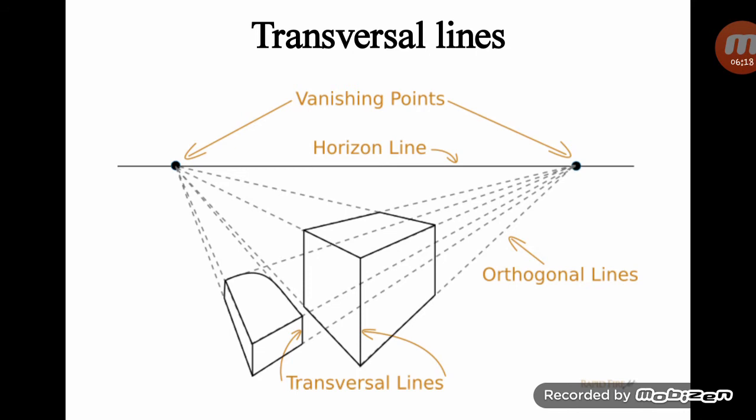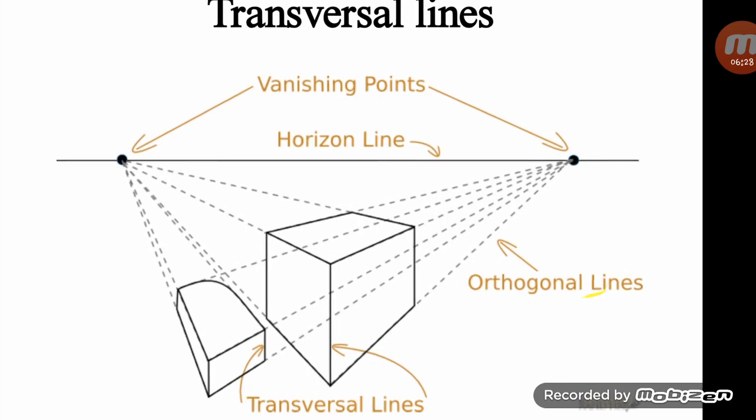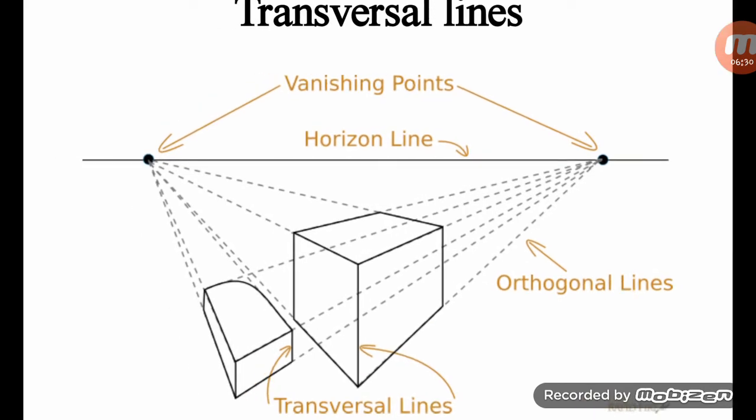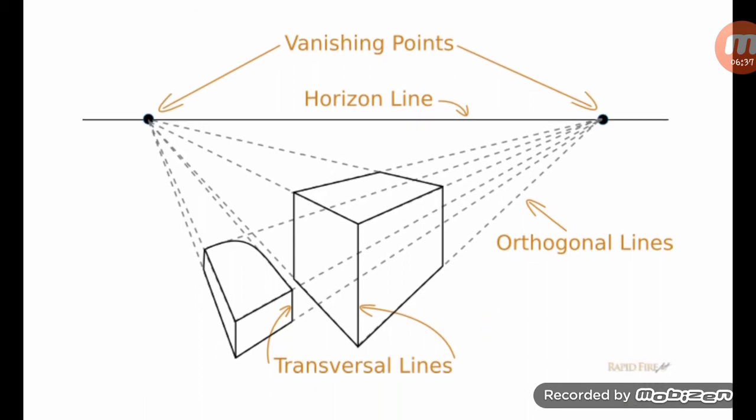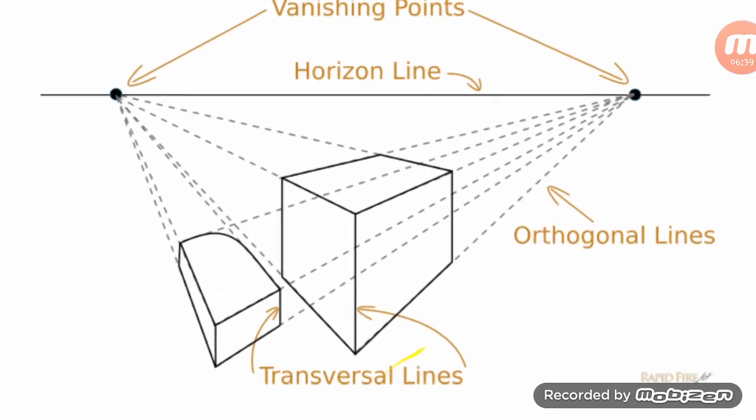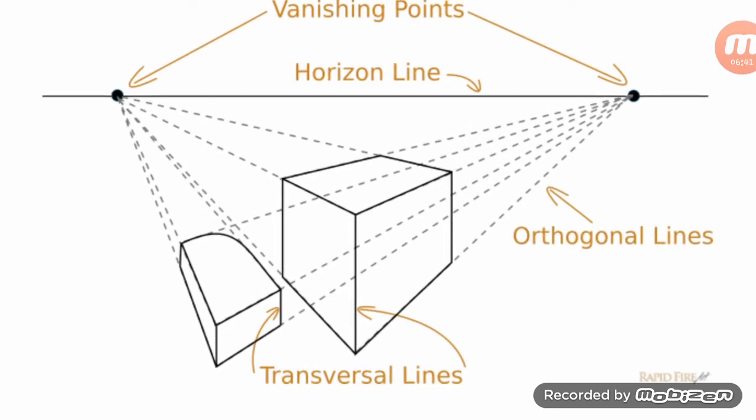They form the nearest and furthest edges of a rectangle as it recedes from view. You can see transversal lines in this picture.